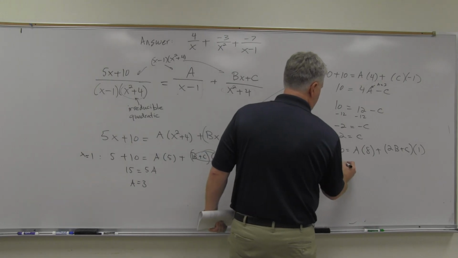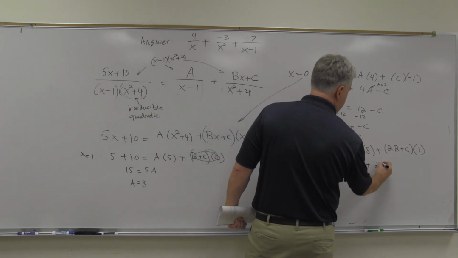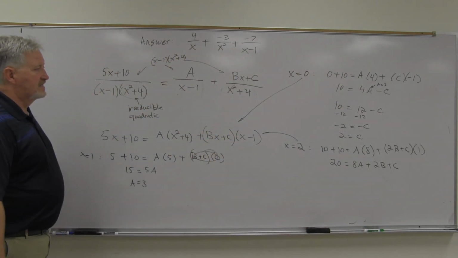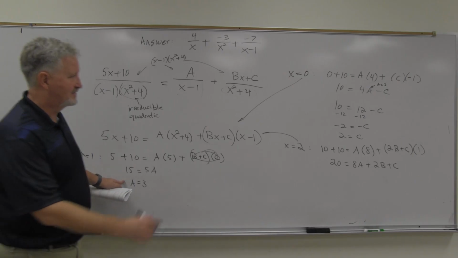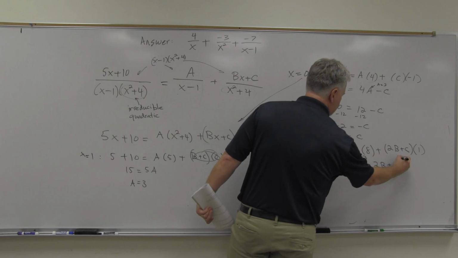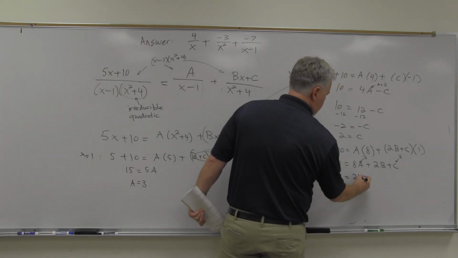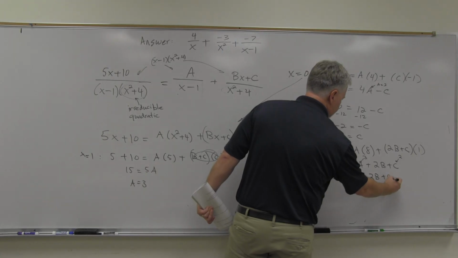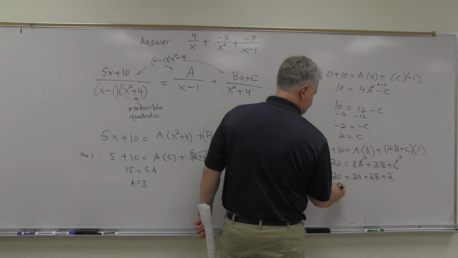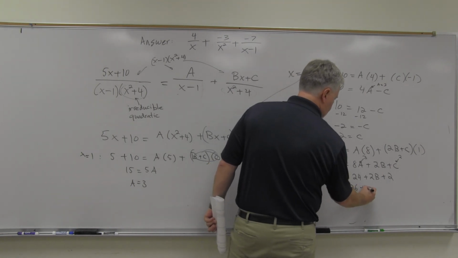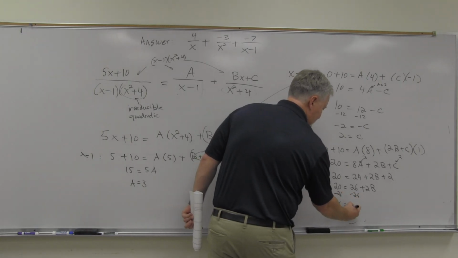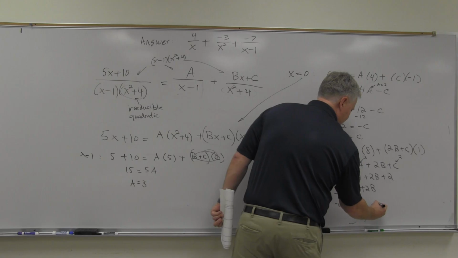So I've got 20 equals 8a plus 2b plus c. Good news is I know a and I know c, so a is 3, c is 2. We got 20 equals 24 plus 2b plus 2, so I've got b figured out here. That's 26, so negative 6 equals 2b, so b is negative 3.